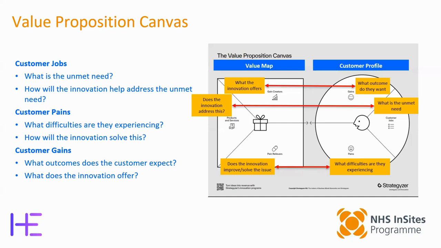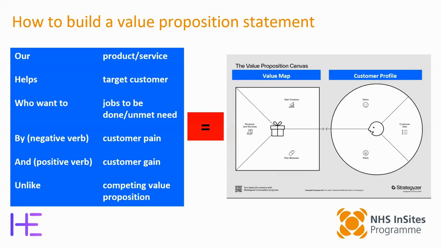So once you have understood the customer profile and the value map, you can turn that into a concise value proposition statement. And one useful template is shown on the left-hand side of the slide here.